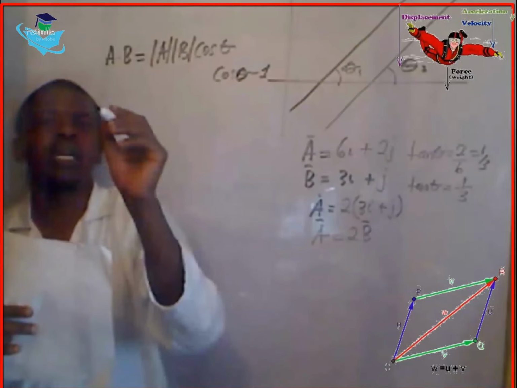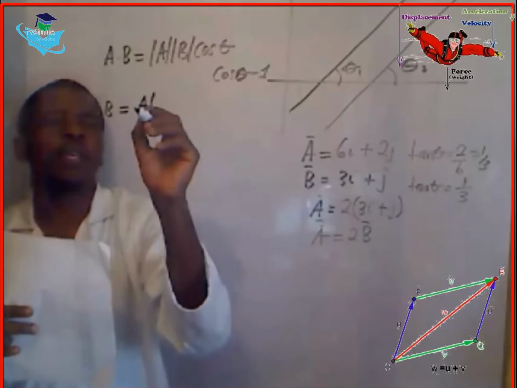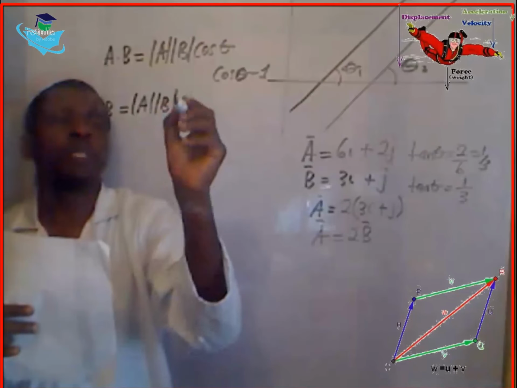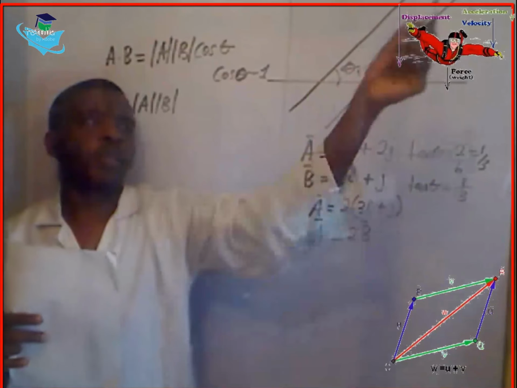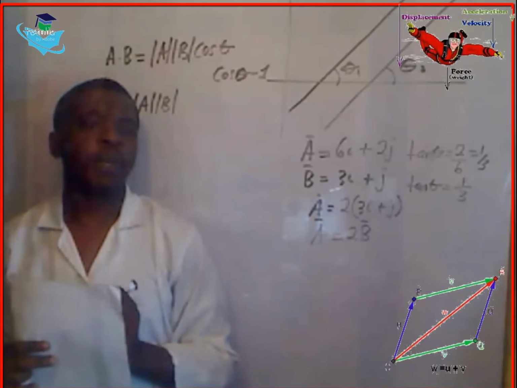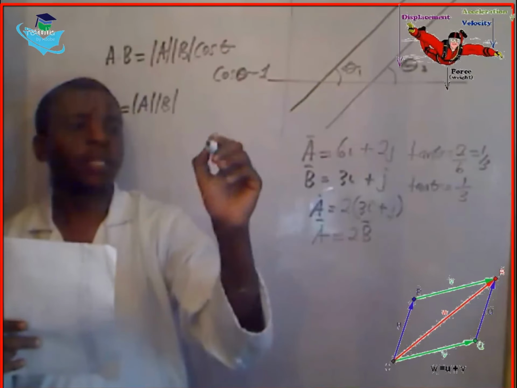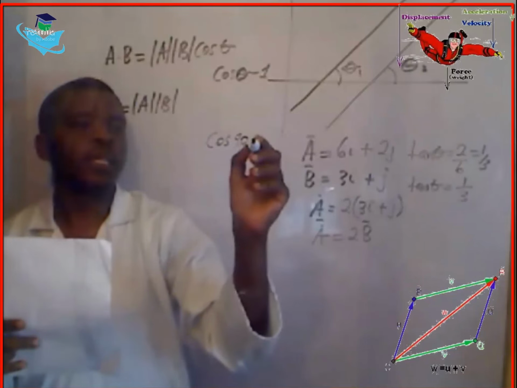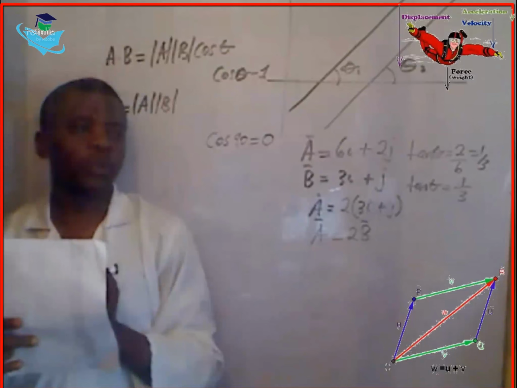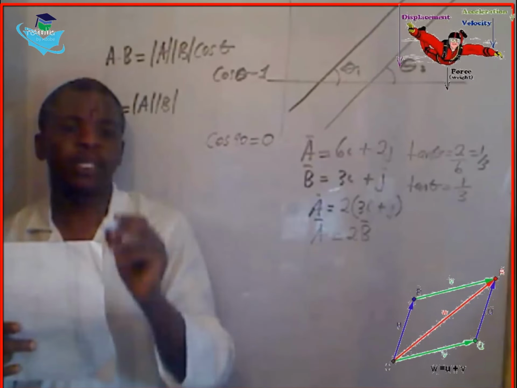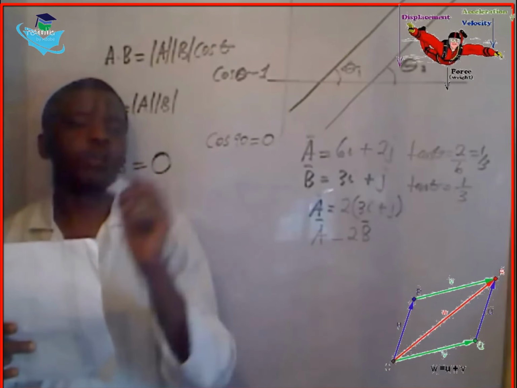This therefore means that A dot B is equal to the magnitude of A times the magnitude of B. This is for two vectors that are parallel. If two vectors are perpendicular, the angle between them is equal to 90 degrees, and we know that cos 90 is equal to 0. So for two vectors that are perpendicular, A dot B is equal to 0.